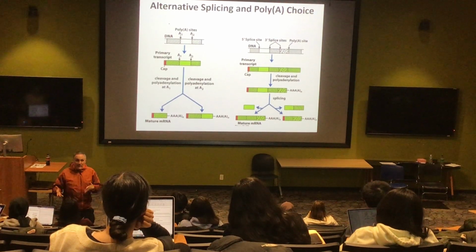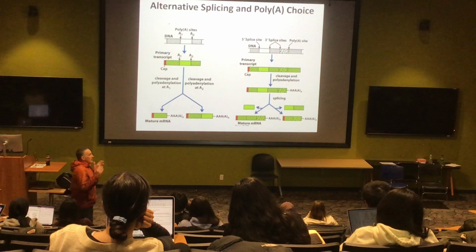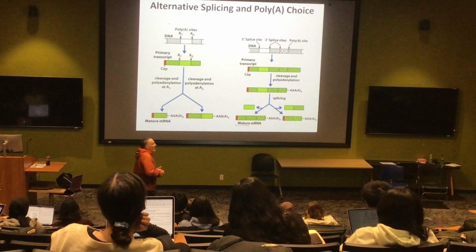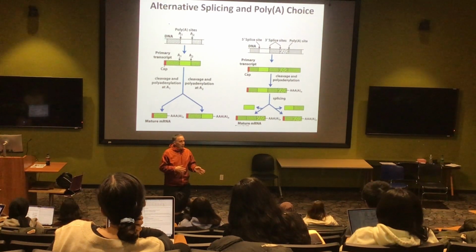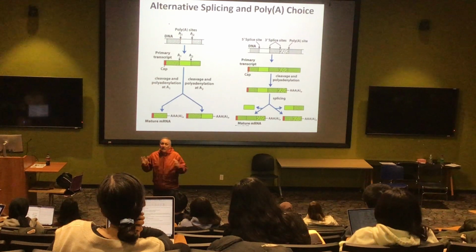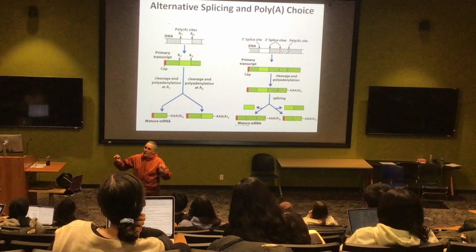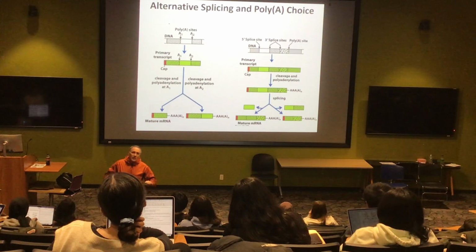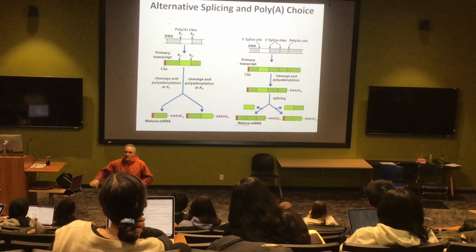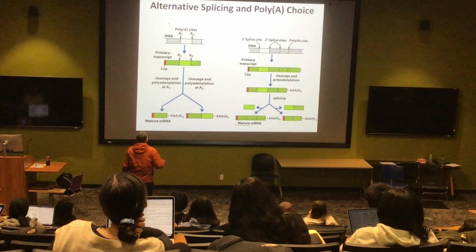So we have two proteins, almost identical, except one has a transmembrane domain and the other does not. It would be very, very inefficient for nature to put both of those proteins into the genome. So that's not what nature did.